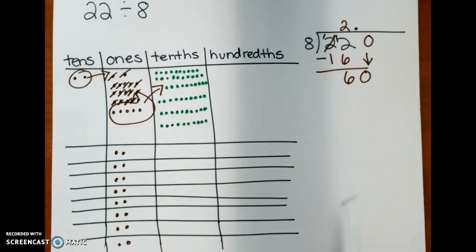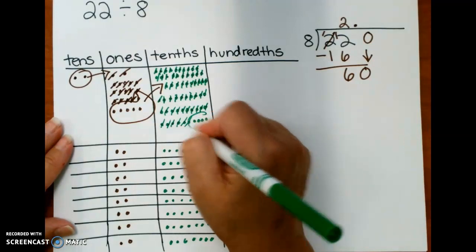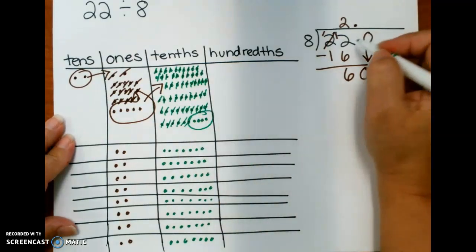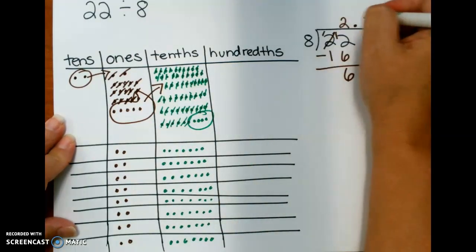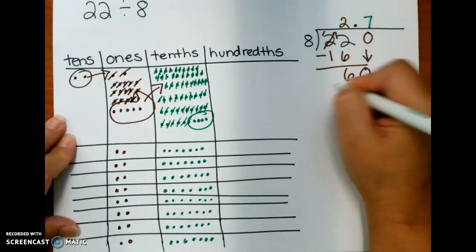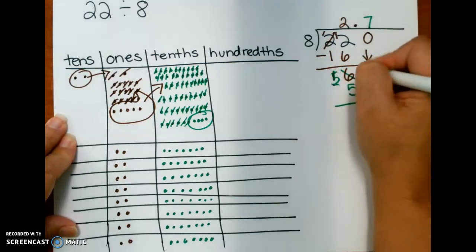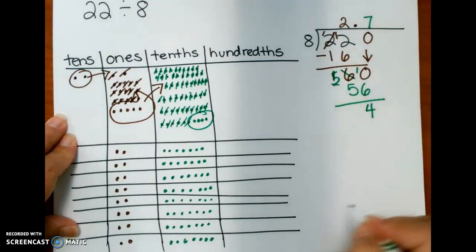When I divide my 60 tenths into 8 groups, I have 7 in each group. So now, as you can see, I have 7 in each group, and I have 4 left over. 60 divided by 8 gives me 7. 7 times 8 is 56, and when I subtract, that gives me 4 left over.